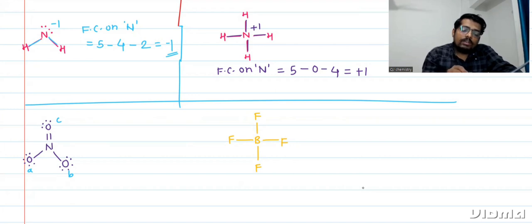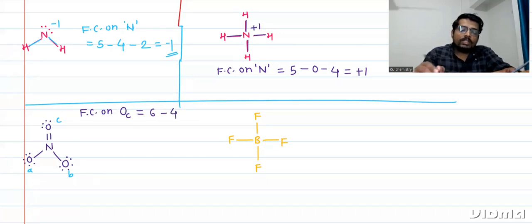In the next example, find the formal charge on oxygen A, oxygen B and oxygen C. What is the formal charge on oxygen C? The number of electrons in the valence shell of oxygen is 6, minus how many dots are there on oxygen C? Total 4 dots, minus how many bonds are associated with oxygen C? Total 2 covalent bonds.